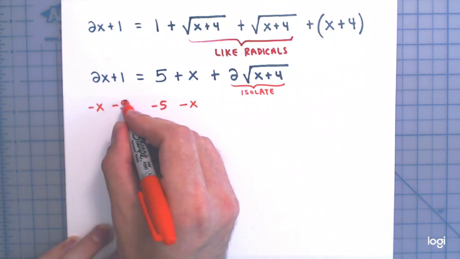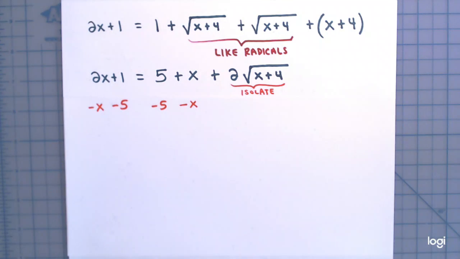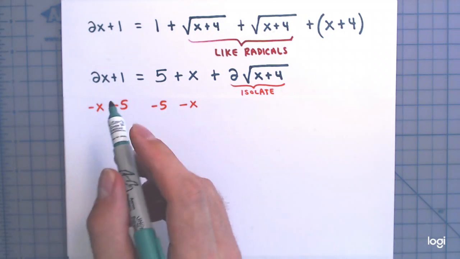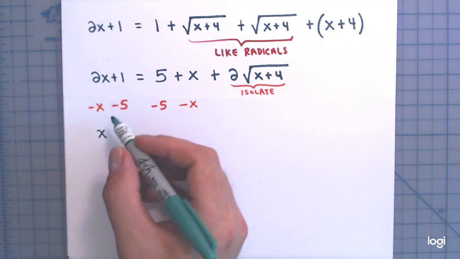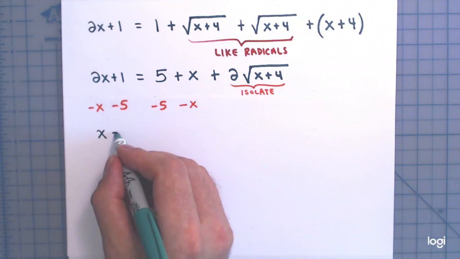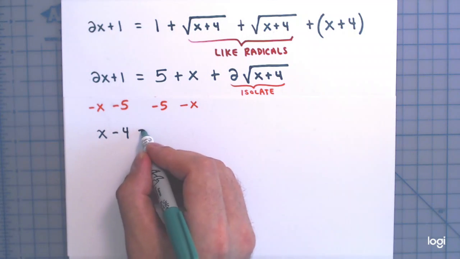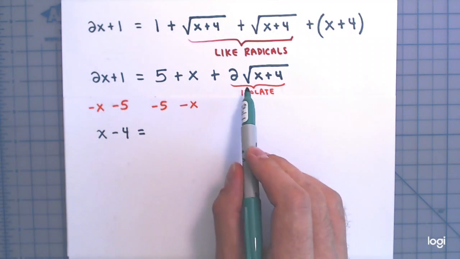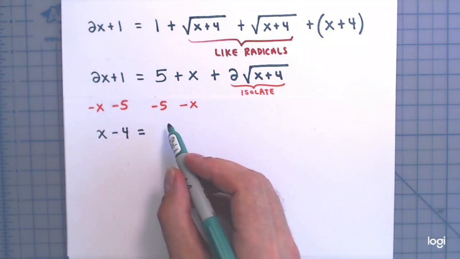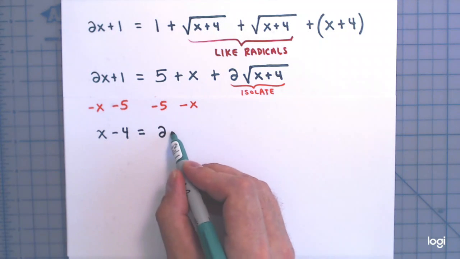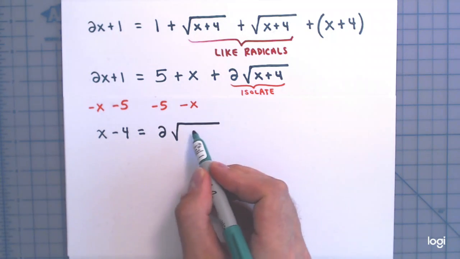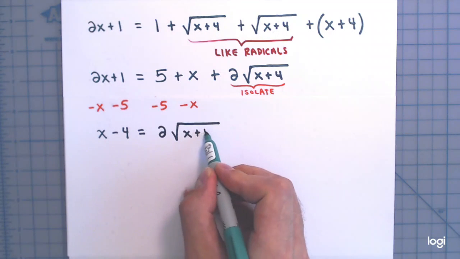Subtract 5 from both sides. So the left side, we now have 2x minus x, or just x, plus 1 minus 5, that's minus 4, equals, and then the radical term over here, 2 times the square root of x plus 4.